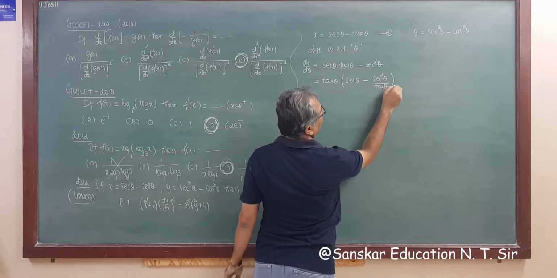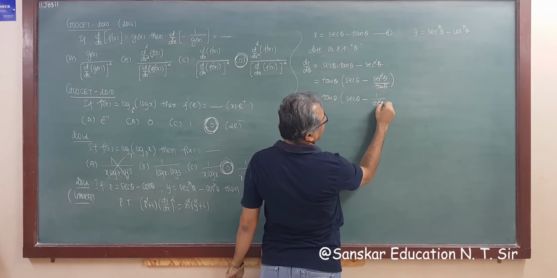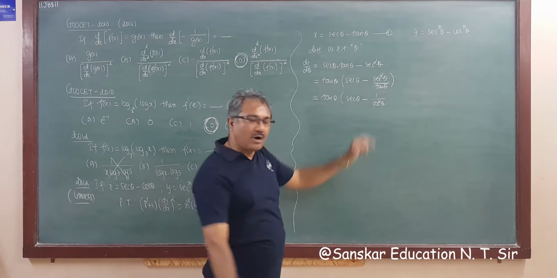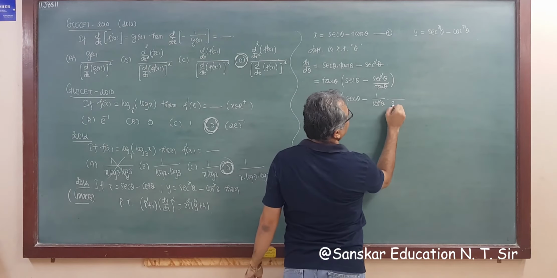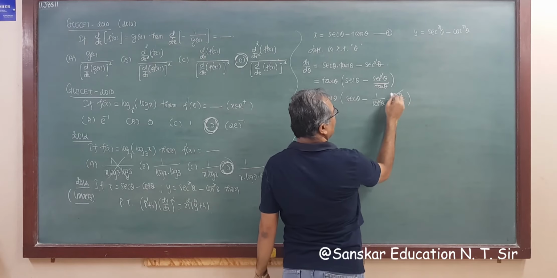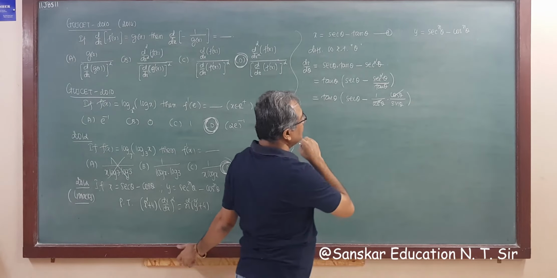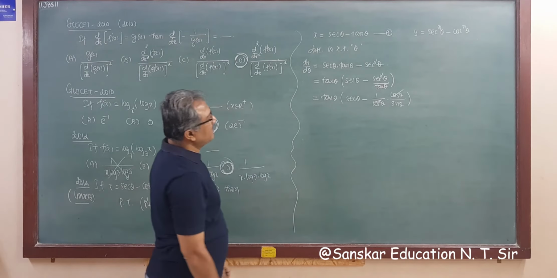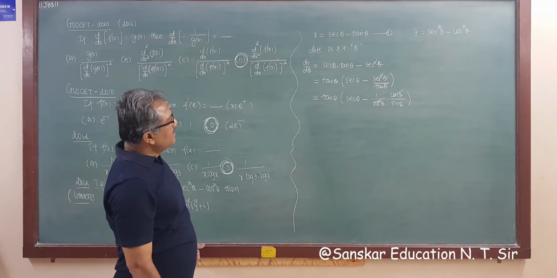Sec square theta is 1 upon cos square theta, and tan theta is sine upon cos, so this is sine theta upon cos theta. So one cos cancels, right? So we get tan theta.